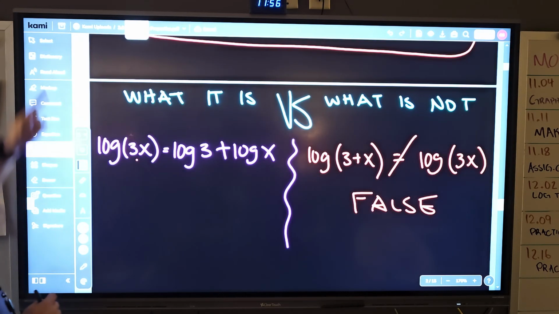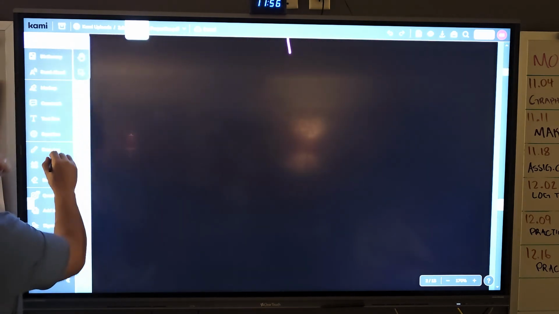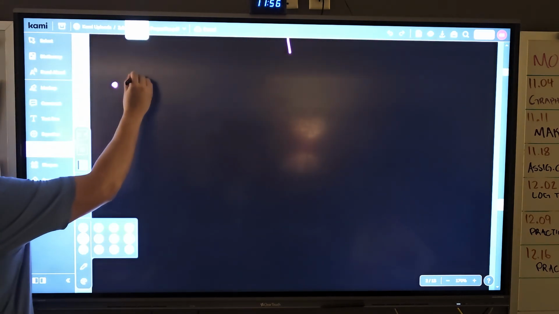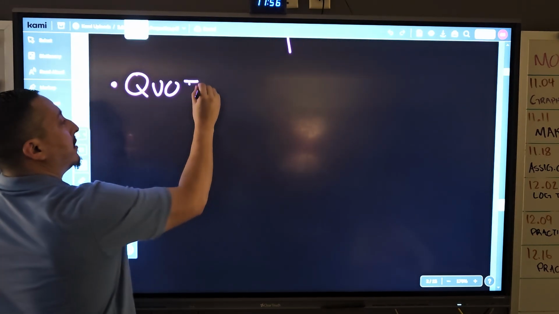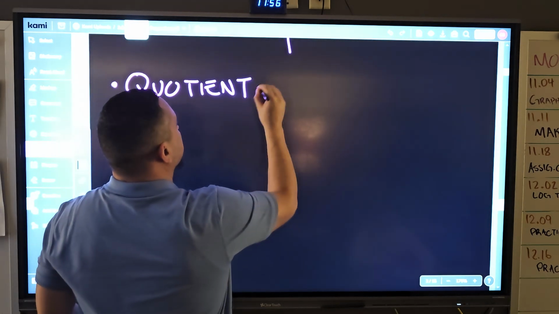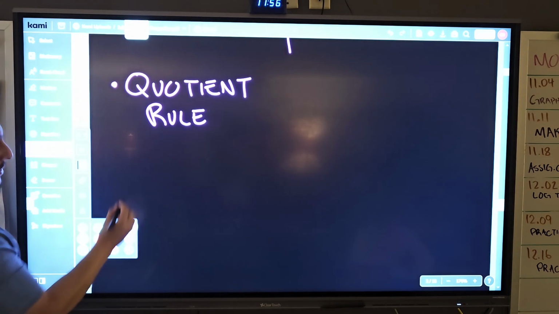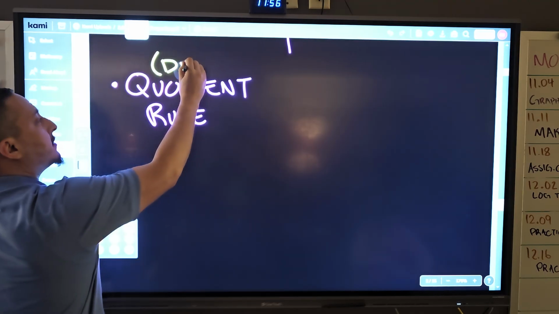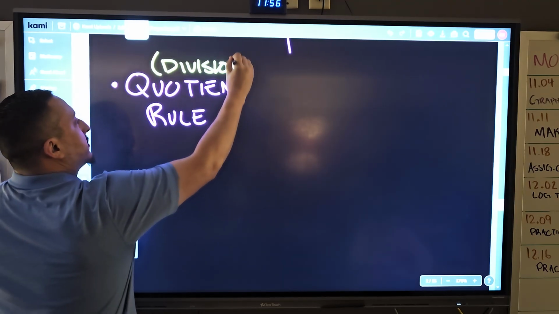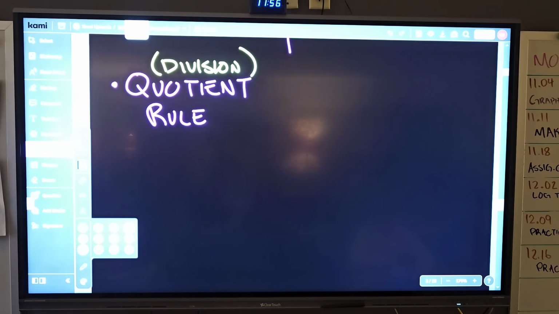Okay. All right. So next rule, it's called a quotient. Quotient is a fancy word for division. So just like you have your multiplication rule, you have your division rule.